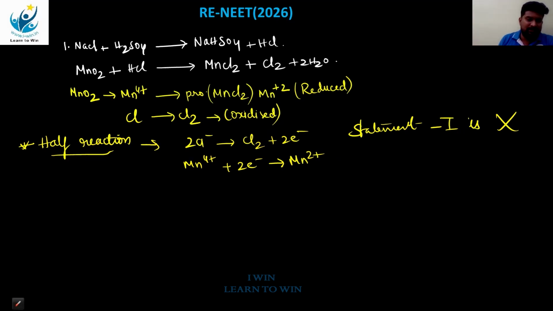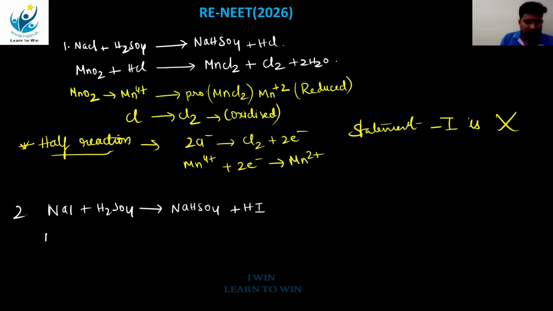Now, what about the next statement? We have NaI as the reagent in statement 2. NaI plus H2SO4 gives NaHSO4 plus HI.